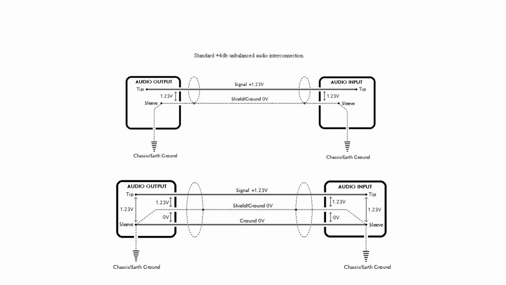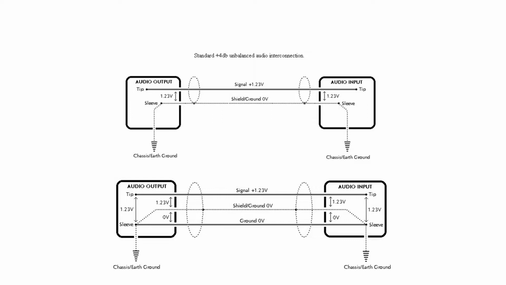So to start with, we need to explain the general principles of an unbalanced system that essentially talks about an electrical two-wire interface. And then at the bottom is a three-wire interface wherein the ground, the shield, and the sleeve have been made common.